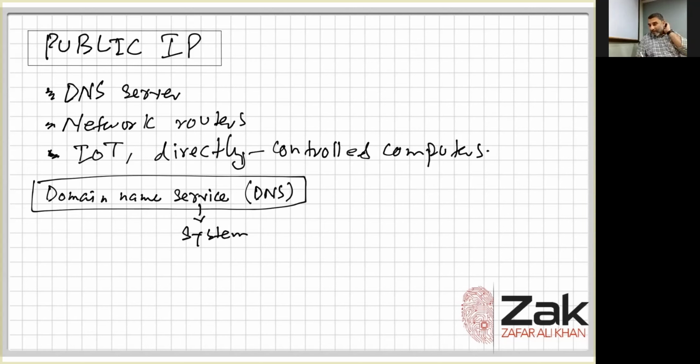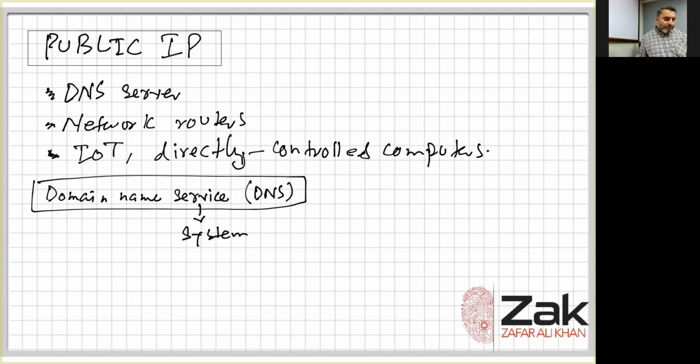I would have only to remember the address of the website, like the one that I have, zakonweb.com, and whatever the associated IP, I don't have to learn about it. We humans are made to learn names and addresses more than the numbers of those addresses in binary or in denary.